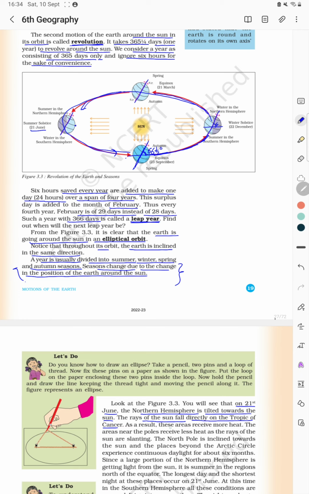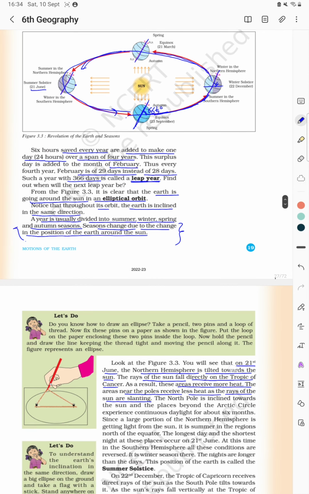So as a result, these areas receive more heat because the sun is directly above the Tropic of Cancer. The area near the poles receive less heat as the rays of the sun are slanting. So over these areas, the rays of the sun are not above the poles.